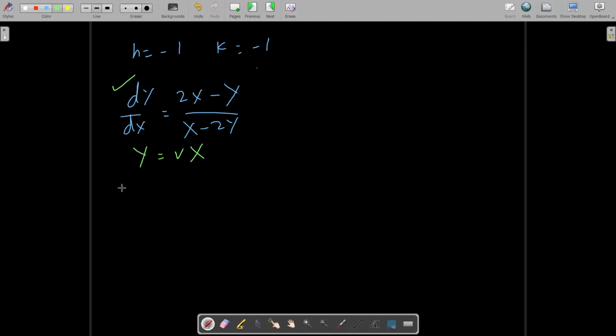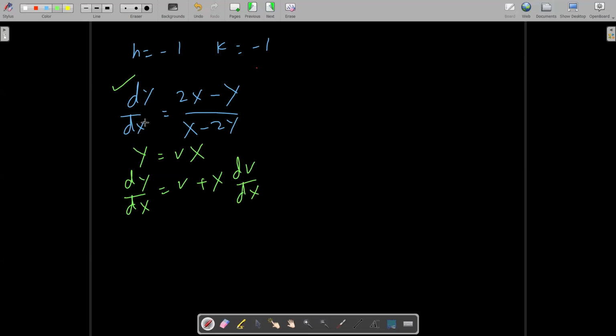So y equals vx, we have to find the derivative dy by dx. By product rule, first function same, the derivative of second function, that will be 1, plus second function same, the derivative of v, that will be dv over dx. Okay, perfect.